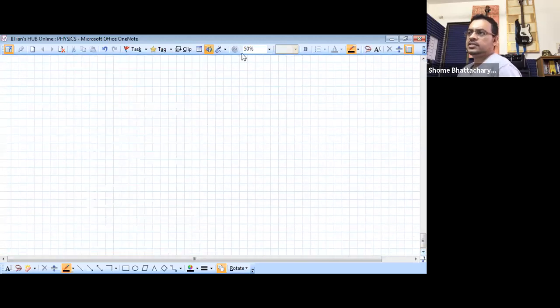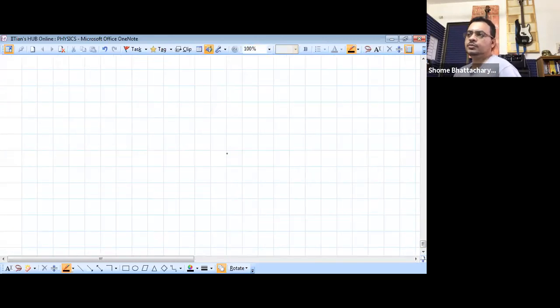Okay, now let's see a slightly more interesting example. See, if a body is starting from rest, kinematics will tell you that displacement has to be in the direction of acceleration. It cannot be in some other direction. It's starting from rest, so whatever the direction of acceleration, velocity will have to be along that direction.